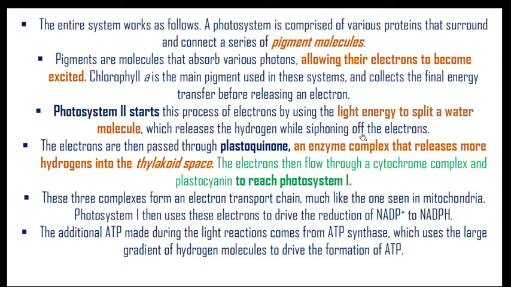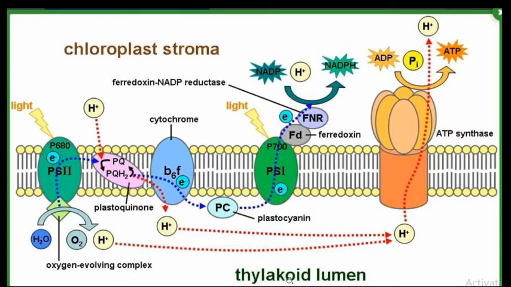Siphoning means carrying on or draining of electrons. The electrons are then passed through the plastocyanin, an enzyme complex that releases more hydrogens into the thylakoid space. Thylakoid space means the thylakoid lumen.